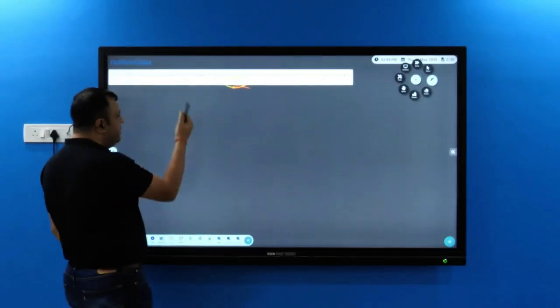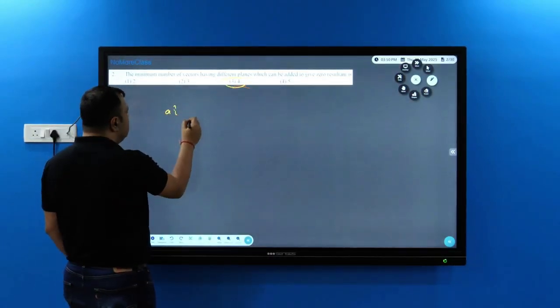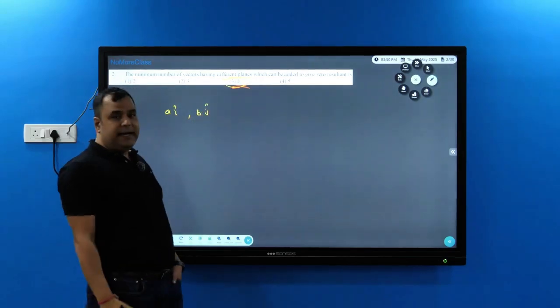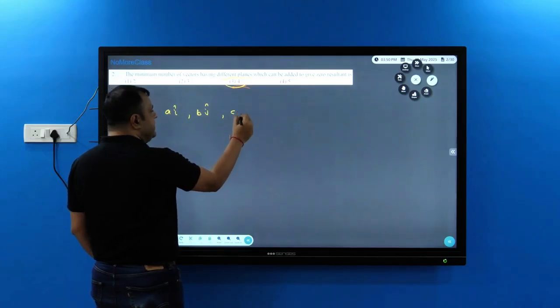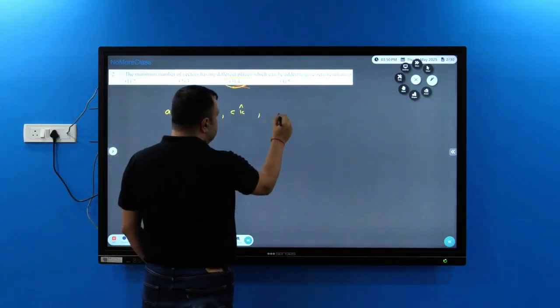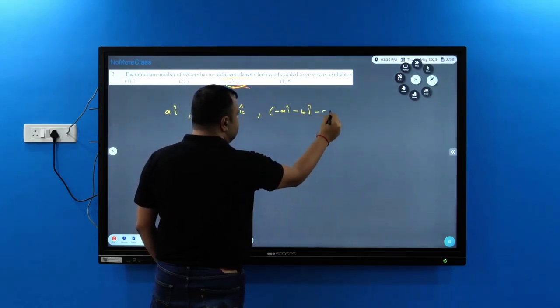So what we will do is take one vector as a i cap, second vector as b j cap, going along the y-axis, third vector as c k cap, and the fourth vector as minus a i cap, minus b j cap, minus c k cap.